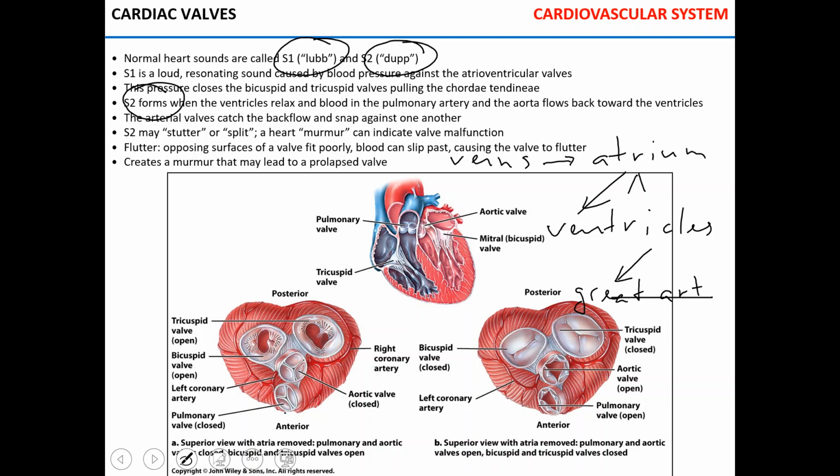So atrioventricular valves will be found between the atrium and the ventricles, and semilunar valves will be found between the ventricles and the great arteries.